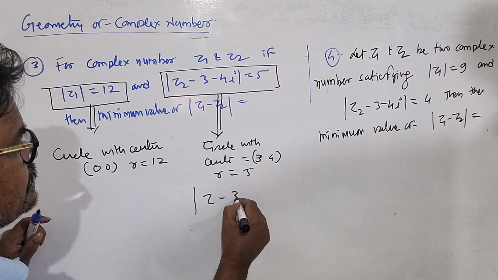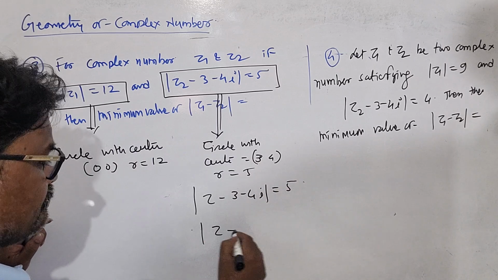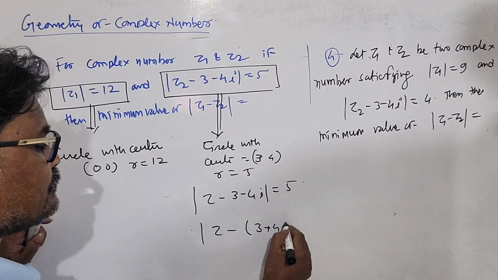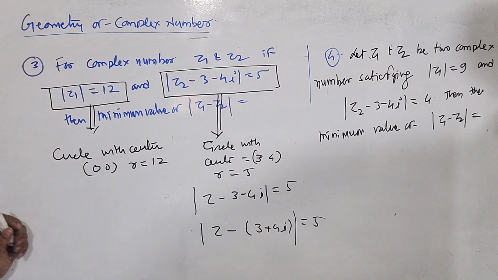Modulus of z minus 3 minus 4 iota equal to 5 can be written as z minus (3 plus 4 iota), so your center is 3 comma 4 in the coordinate plane, and radius is 5.